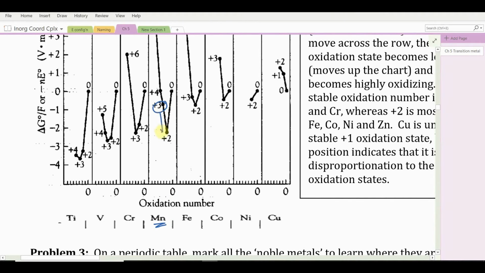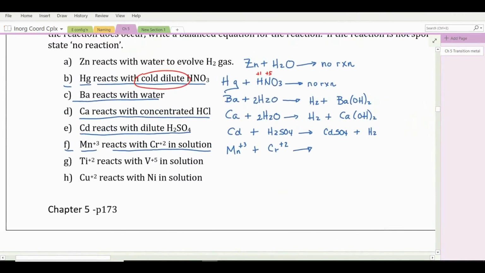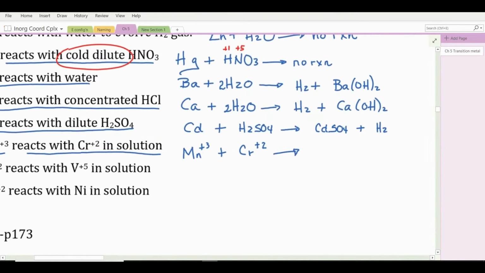It would like to gain an electron and go to +2. And chromium 2 will be active as a reducing agent, would like to give up an electron to go to +3. So that looks like a favorable reaction. So we'll form manganese 2 and chromium 3.